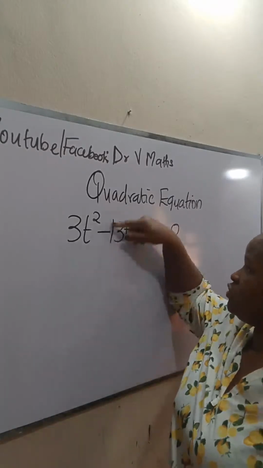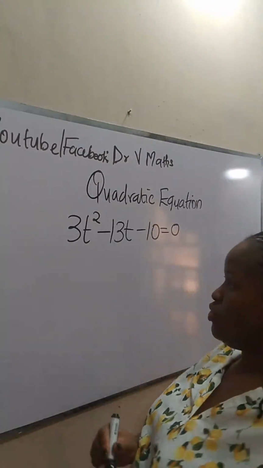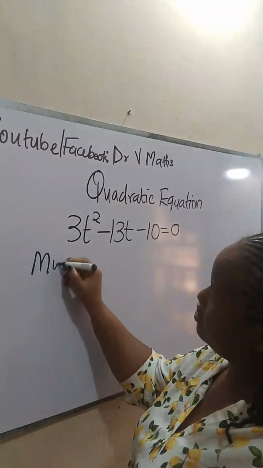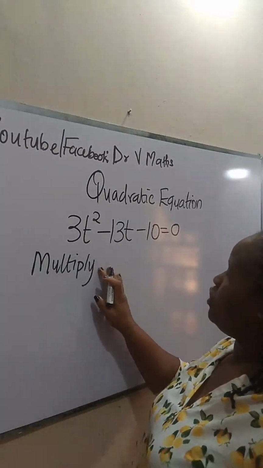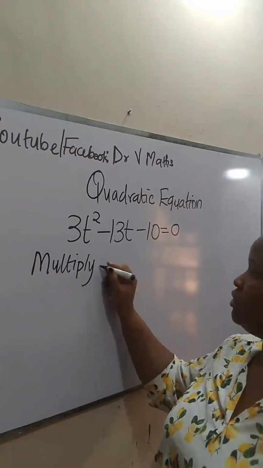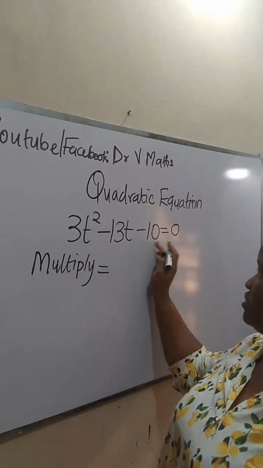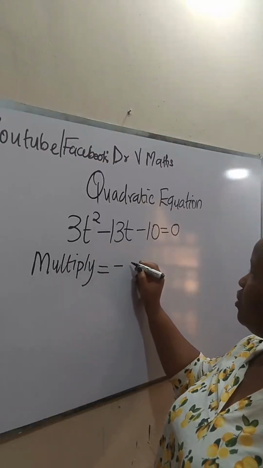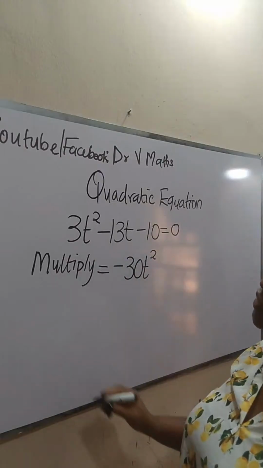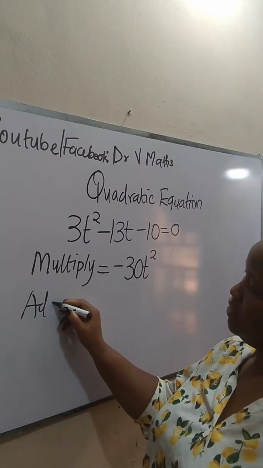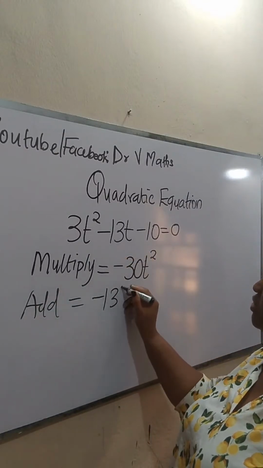We have 3t squared minus 13t minus 10 is equal to, like I said, we look for two numbers when we multiply, we get minus 10 times 3t squared. That is minus 30t squared. Then remember, when we add, okay, we will get minus 13t.